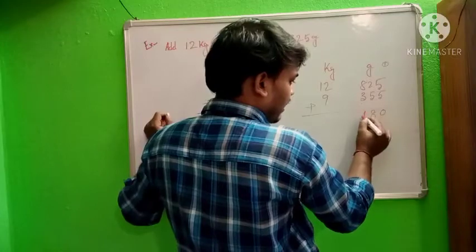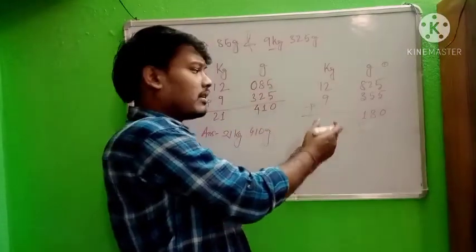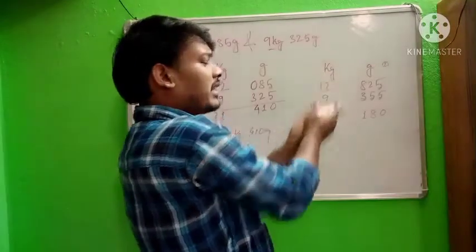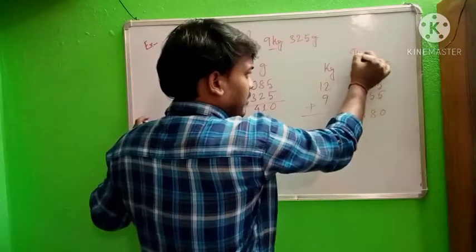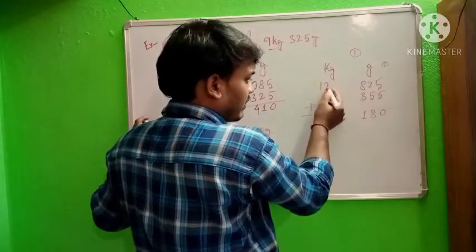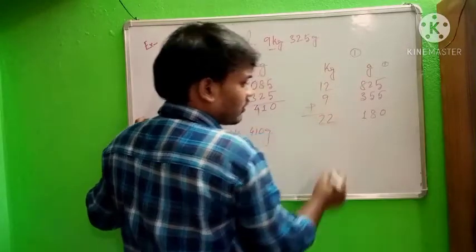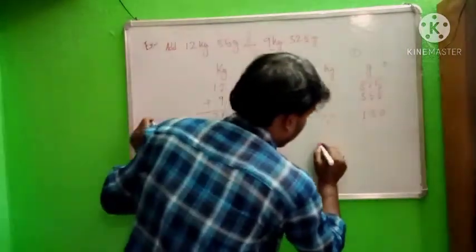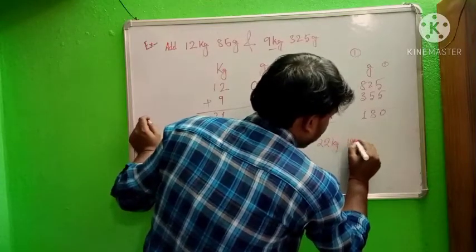So 11, we put only 1 here and the extra will carry. So 1 carry, 9 plus 12 and 1 carry, 22. So the answer is 22 kg 180 gram.